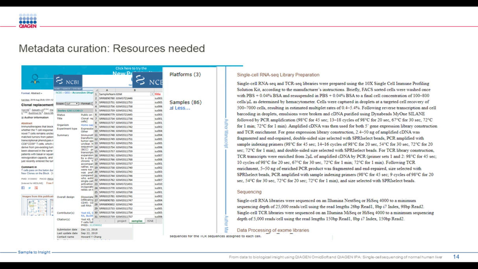So the manual curation of the single-cell data from a domain expert is key, right? And these are some of the resources that are used by the OmicSoft curators to analyze single-cell data.